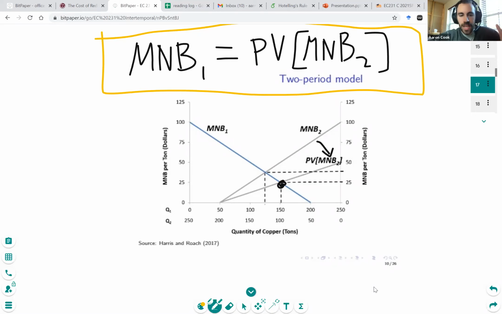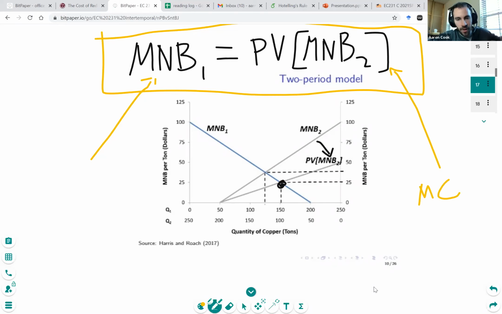So the choice is of period 1 consumption. You have marginal benefits in period 1, and then the marginal costs of period 1 are what we have on the right-hand side of this equation. Those are like the costs of your period 1 consumption decision, because remember, the resource is limited.